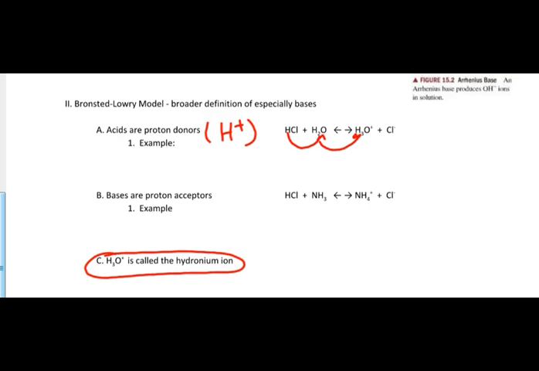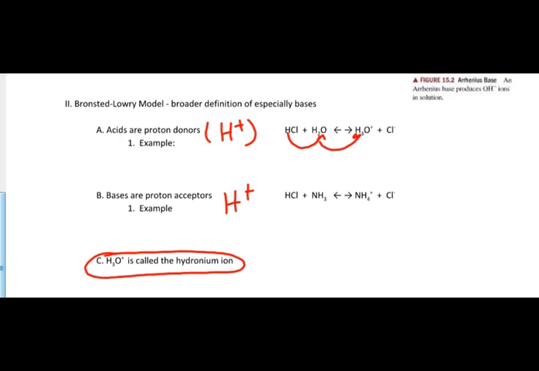proton donor. Bases, which is why most people like this definition, because there are a lot of other compounds that are considered to be bases, but they don't have OHs in them. So this is why this definition is widely accepted. Bases are proton acceptors, which means they have the ability to accept a proton.